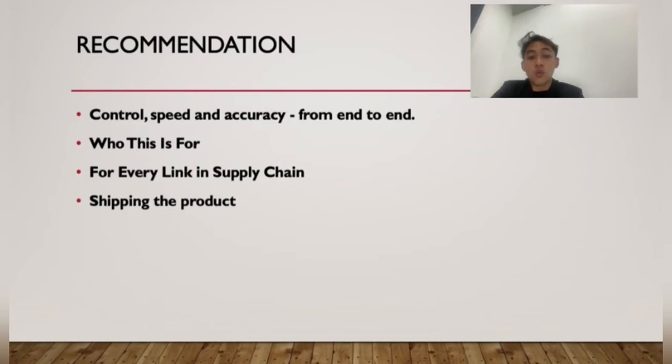The second one, who this is for: retailers and consumer goods companies with complex supply chains who are looking for new tools or solutions for supply chain management and optimization. So for every link in the supply chain, is your supply chain as efficient as it could be, from linking supply to delivery to the market?